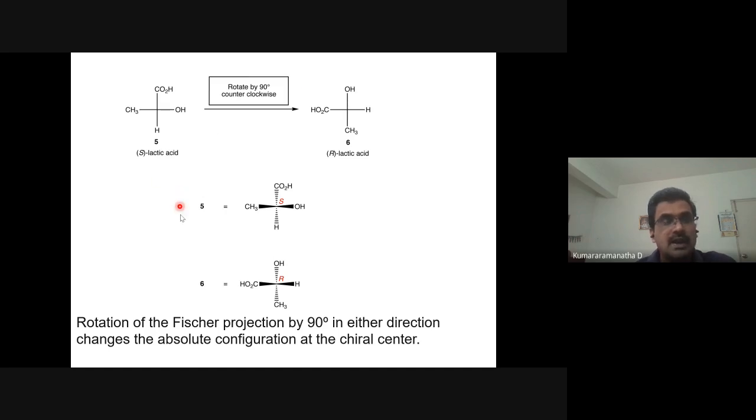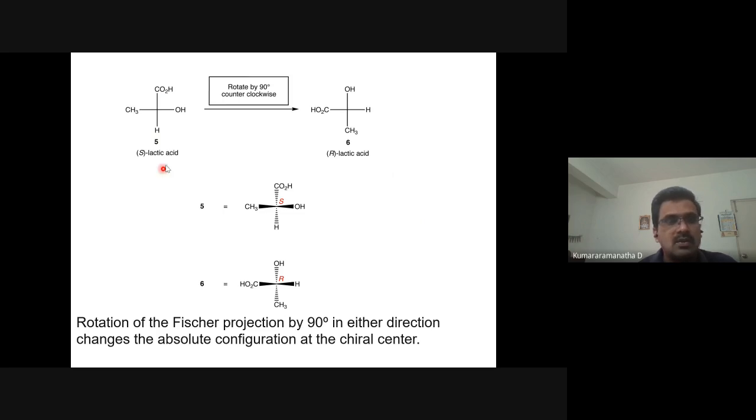Now, if you rotate a Fischer projection by 90 degrees in either direction, either right or left, which changes the chiral center. For example, now we have S lactic acid. If you make a 90-degree counterclockwise rotation, so OH you are moving here, hydrogen comes here, COOH here, methyl here. We get R lactic acid.